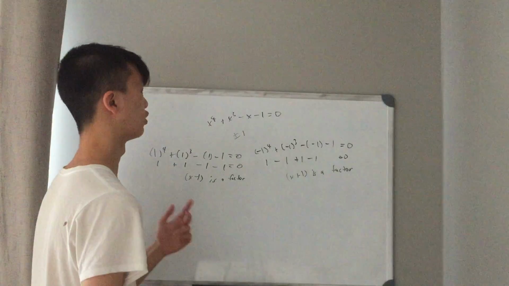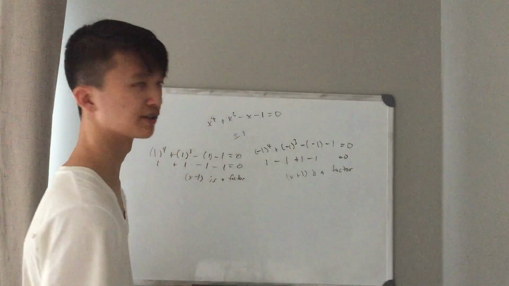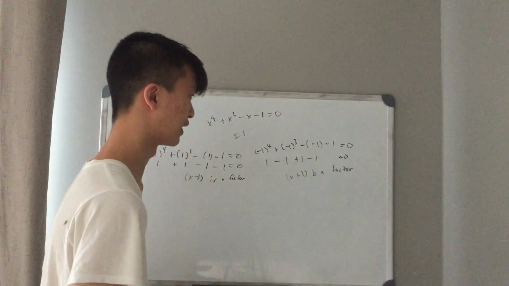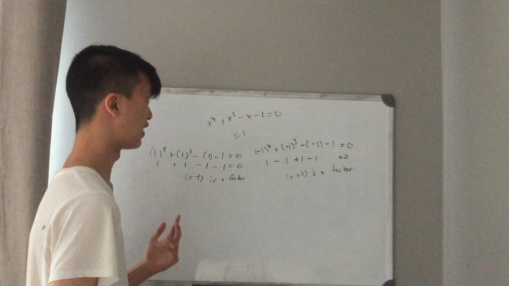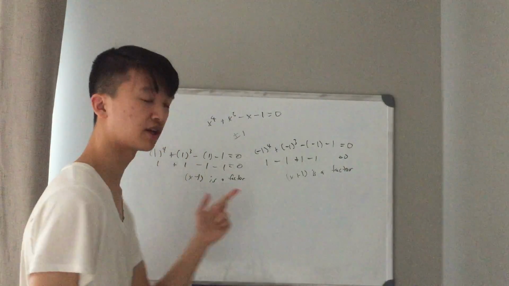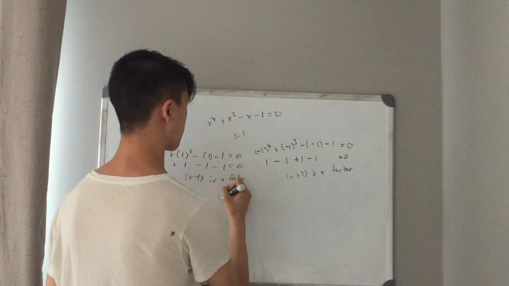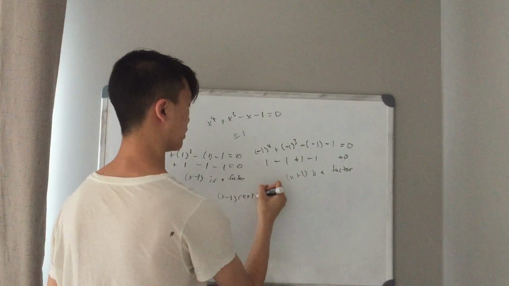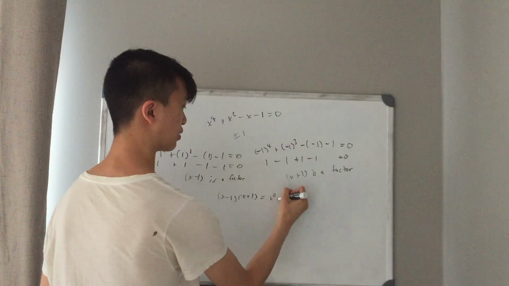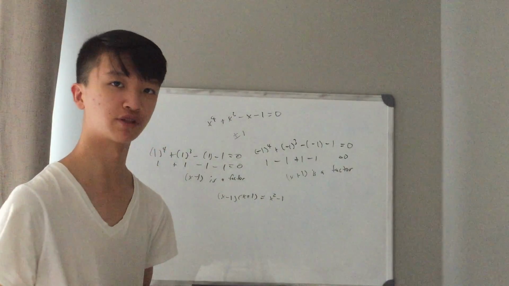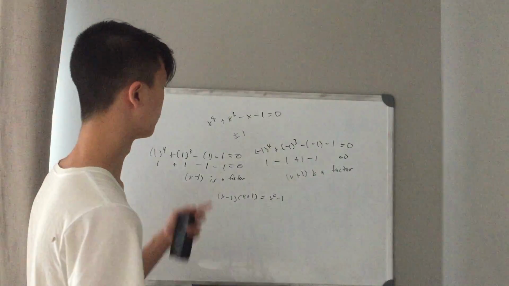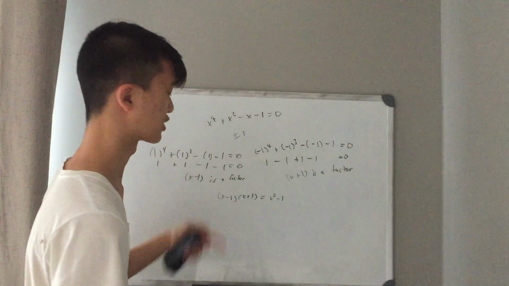So we know that these are the only rational roots of this, but we still have not factored this out yet. So what we are going to do is divide this by x minus 1 times x plus 1. Now, by difference of squares, x minus 1 times x plus 1 is equal to x squared minus 1. So we're going to use polynomial long division to divide this by x squared minus 1.